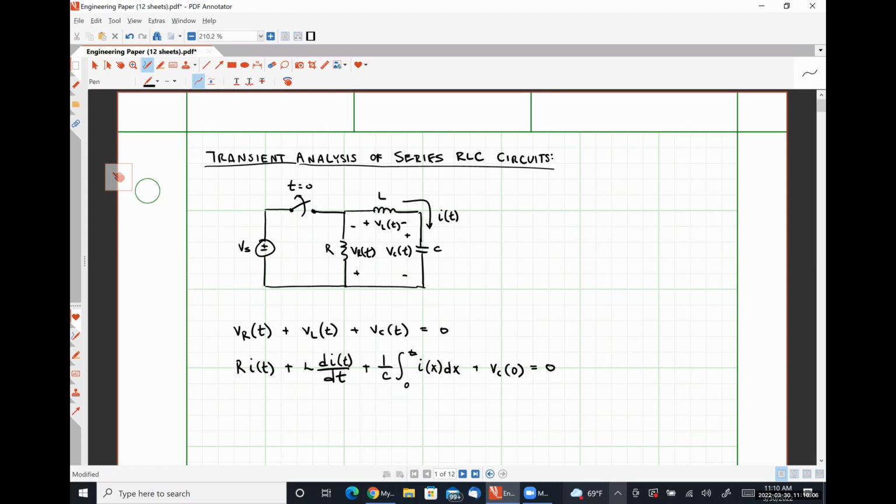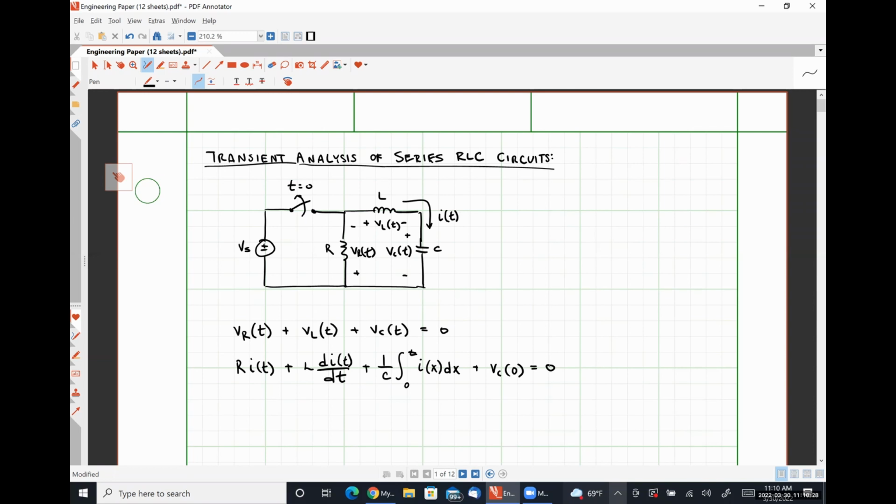And this leaves me with what's called an integro differential equation, which is kind of a pain in the butt to solve. So what we're going to do now to make this integro differential equation simply a differential equation is we are going to take the derivative of both sides.